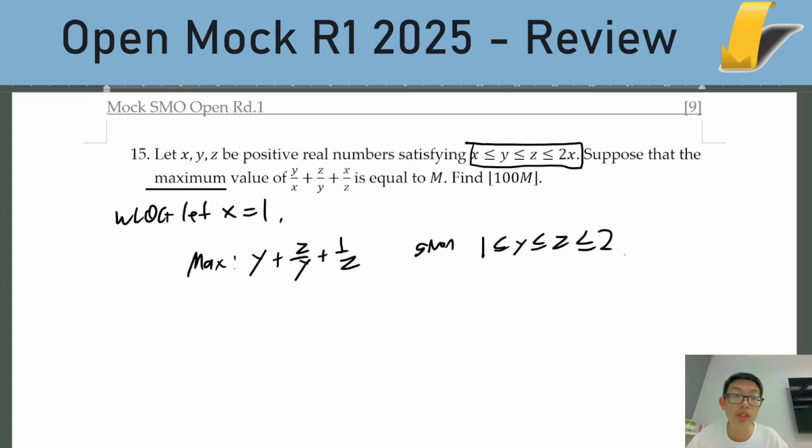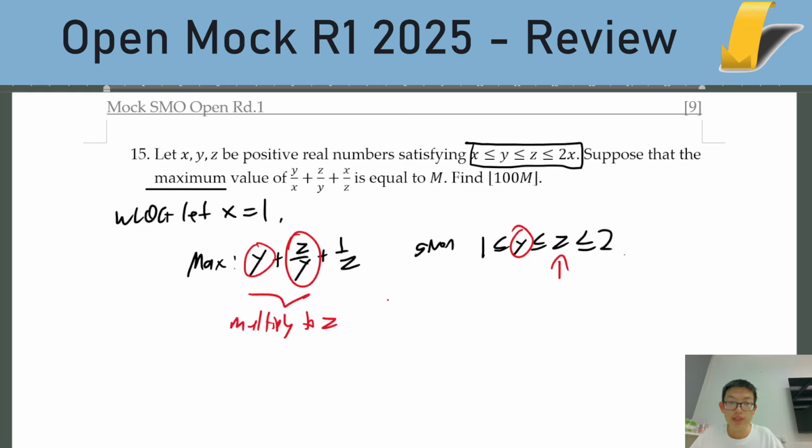Intuition is that if, let's say, I've already picked z and now I'm trying to choose y. Y plus z over y, they multiply to z. So assuming I've already picked this value of z, I know that the maximum sum occurs when the two things are further apart.